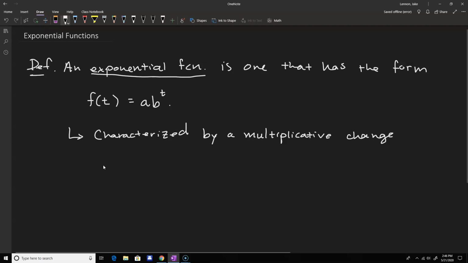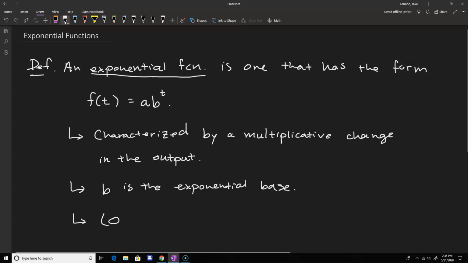That's one quick way you can recognize the difference between an exponential and a linear if you're looking at, say, a table of values. b is the exponential base, which will be exactly what that multiplicative change is for a time step of unit 1. And the parameter in front, a, notice if you plug in 0 for t, you'll get a y value of exactly a, because b to the 0 power is 1. So a is the y-intercept.